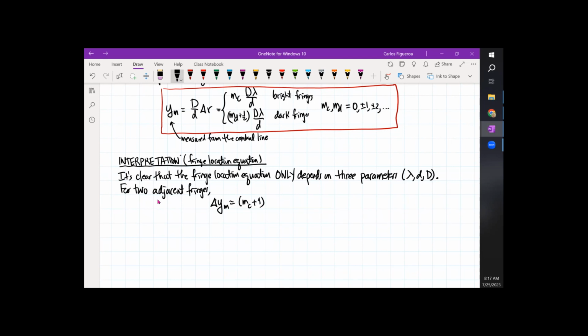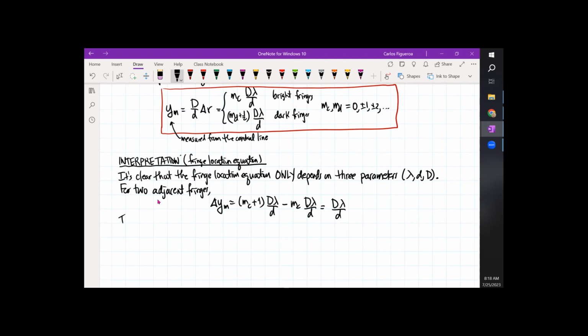Let's say I just focus on the bright fringes, but it's going to be the same for the dark. This will be (m_c plus 1) big D lambda over little d minus m_c big D lambda over little d, and this becomes big D lambda over little d.